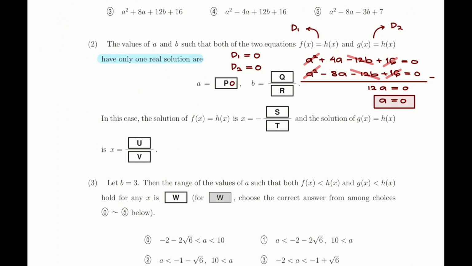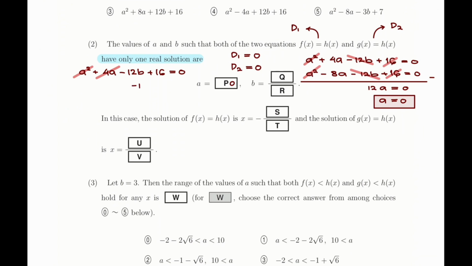Once you have a, you can find the value of b by substituting a into one of these equations. If I substitute it into my first equation, a squared plus 4a minus 12b plus 16 equals 0, for a equals 0 of course you do not need these two expressions.